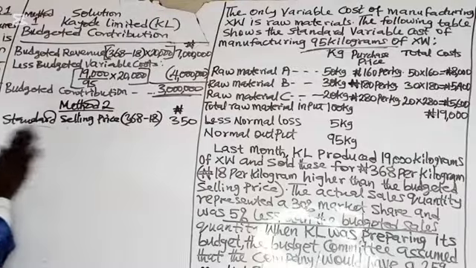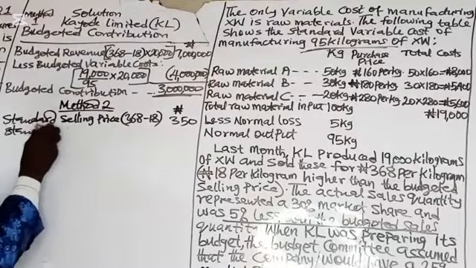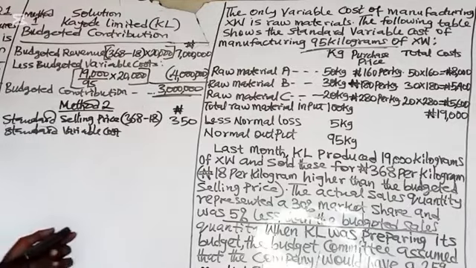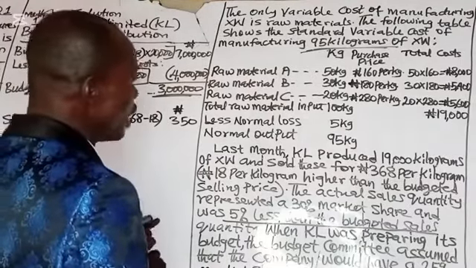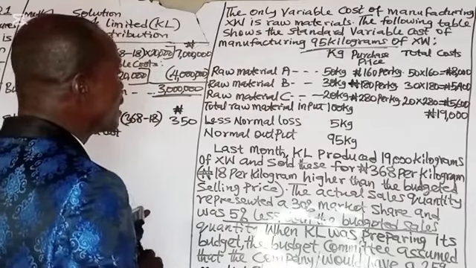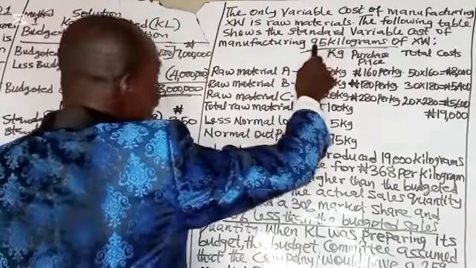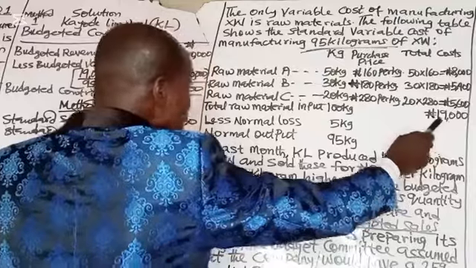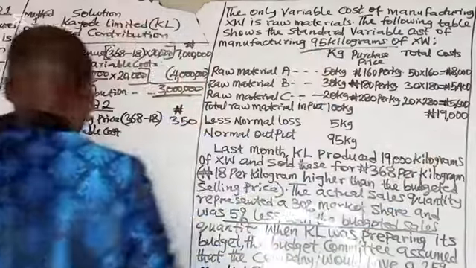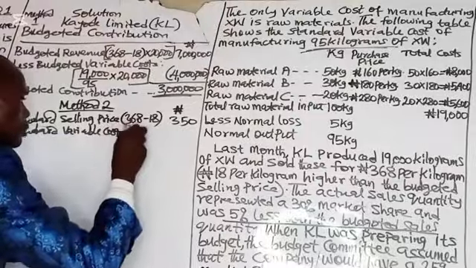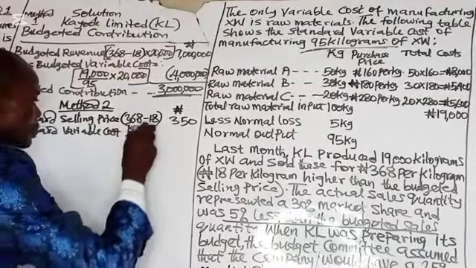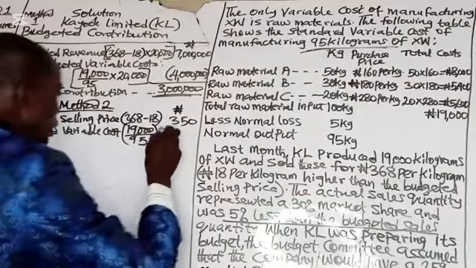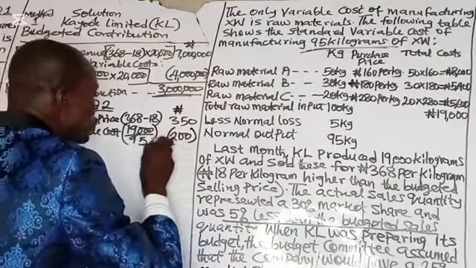You know the standard cost given is the standard cost for 95 kilograms, which is 19,000. Therefore, 1 kilogram will be 19,000 divided by 95, that gives us 200 naira. The standard cost per unit amounted to 200 naira.